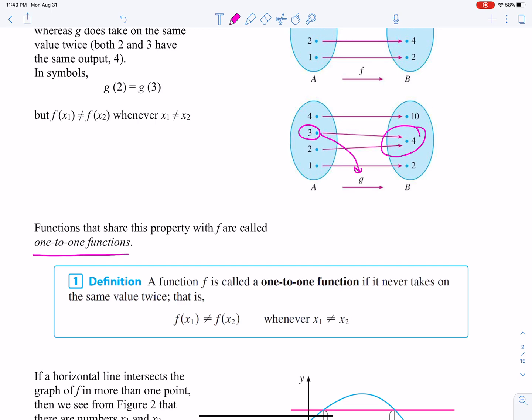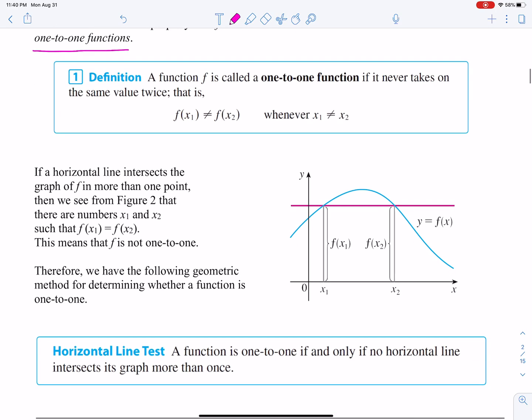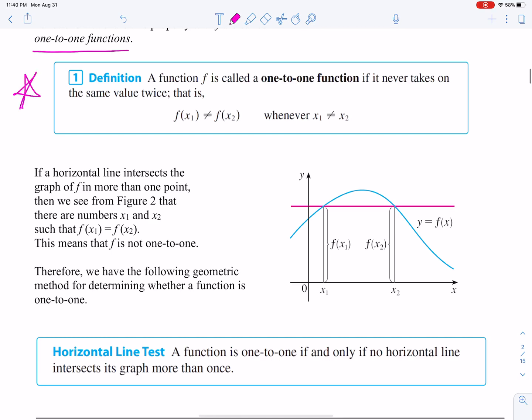And when you reach calculus 3 and beyond, you'll work quite a bit with one-to-one functions, so it's good to understand them now. All right, so here's a definition. This is an important definition. A function is called a one-to-one function if it never takes on the same value twice. That is, f of x1 is not equal to f of x2 whenever x1 is not equal to x2.